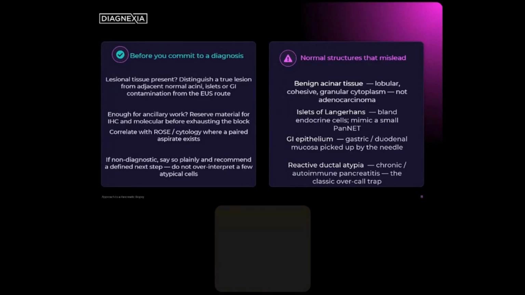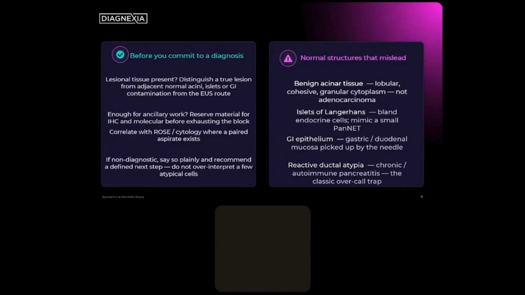Remember that the islets of Langerhans, again, can also look very, very suspicious in limited material, but they tend to be bland and again, very well organized. But sometimes they can mimic a small cell carcinoma, or you can even miss a pancreatic neuroendocrine tumor, which may coexist. So just keep your wits about you when looking at the islets as well.